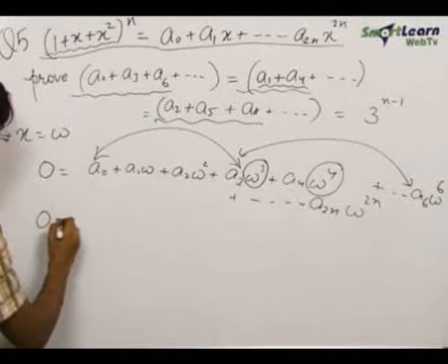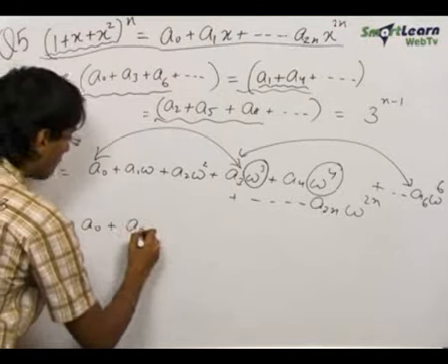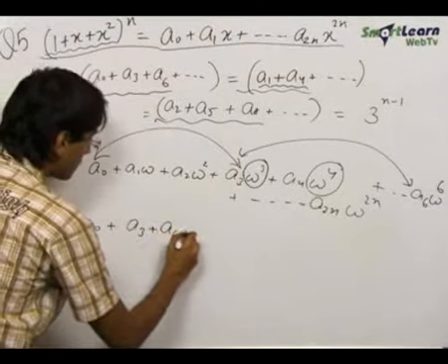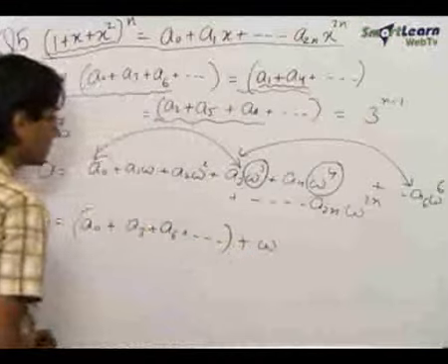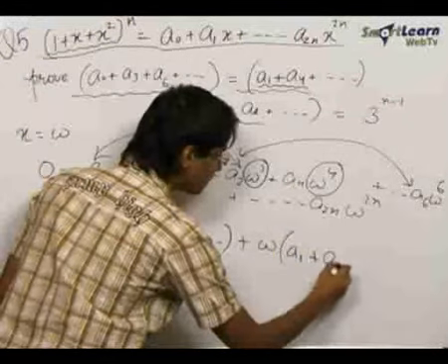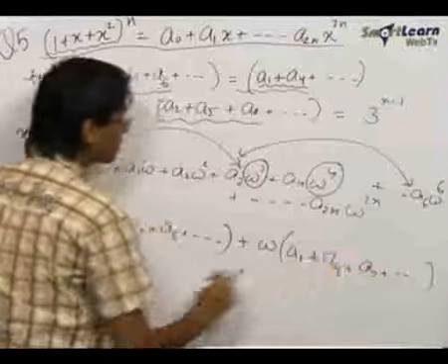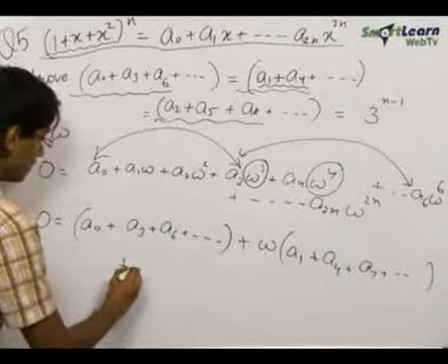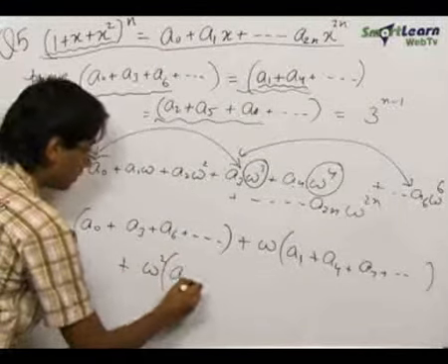So this becomes 0 equal to a0 plus a3 plus a6, plus omega times a1 plus a4 over here, and definitely the next term will be a7 up till the last term, plus omega square times this is a2.